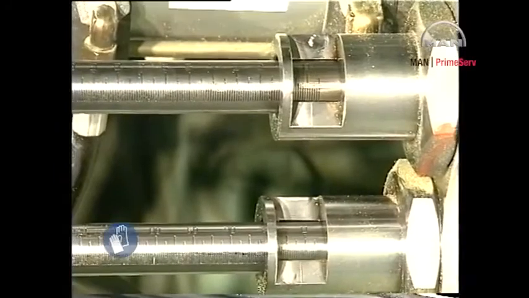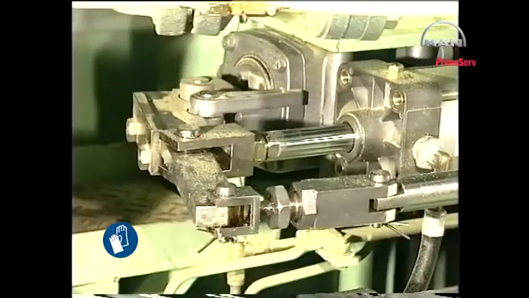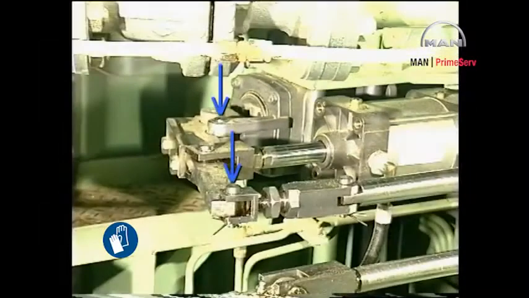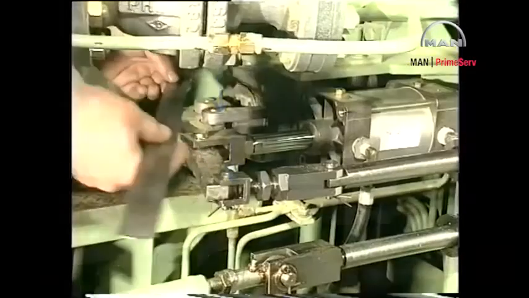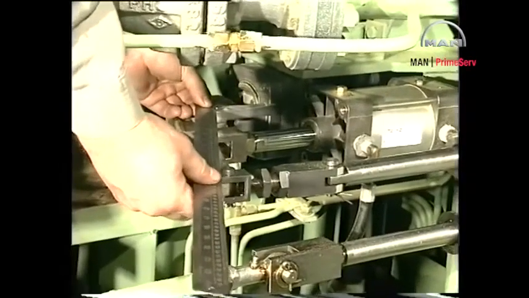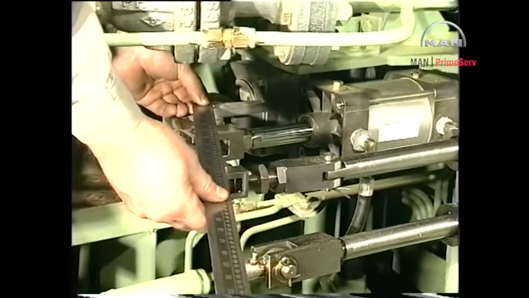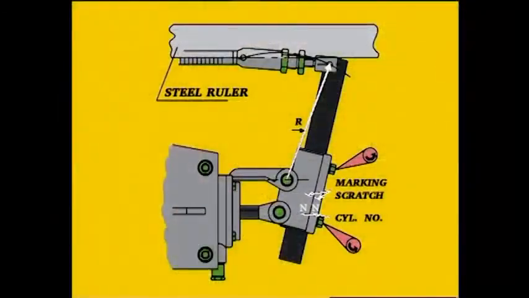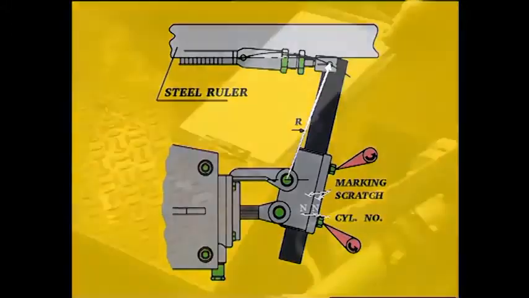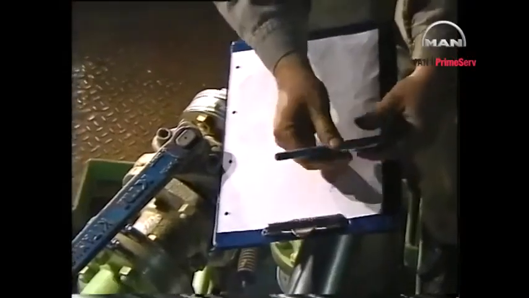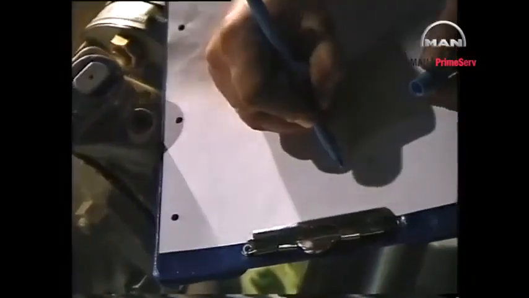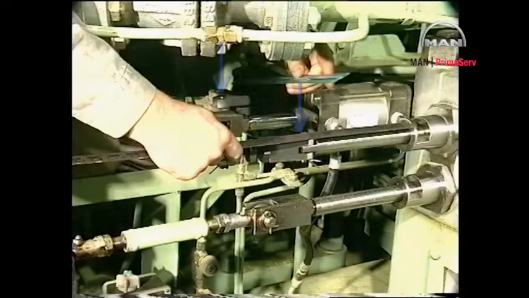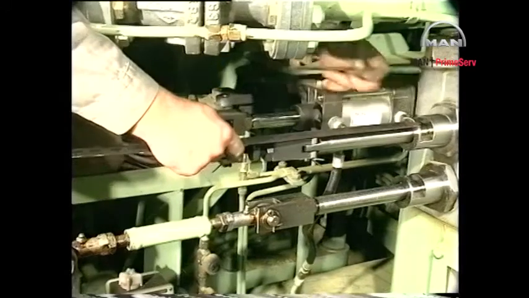Make sure that the VIT index is set at 0. Measure distance R between the two pivoting points. Note down the result. Measure distance L between the pivoting point and the center line of the VIT rack.